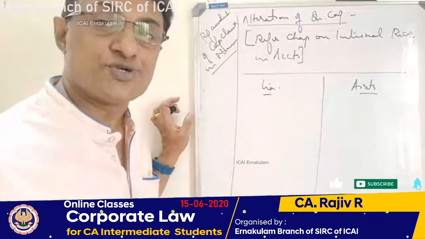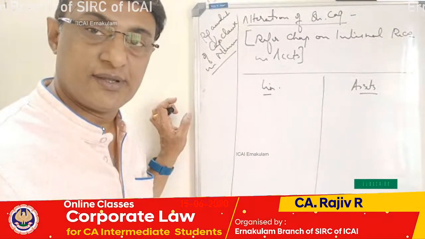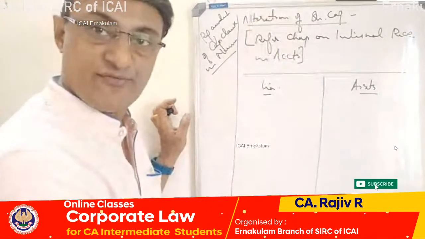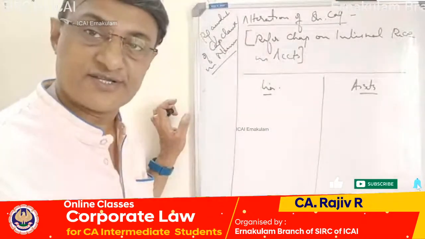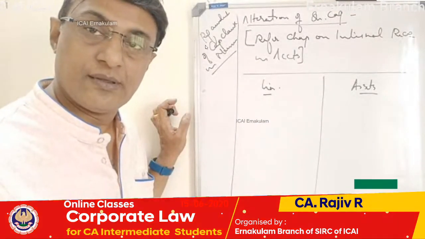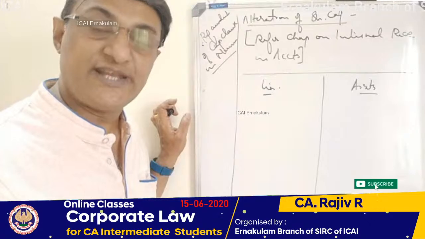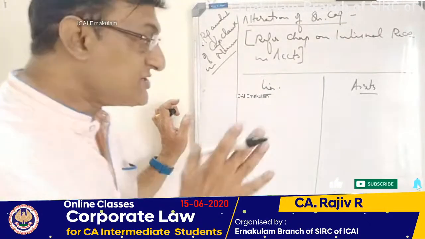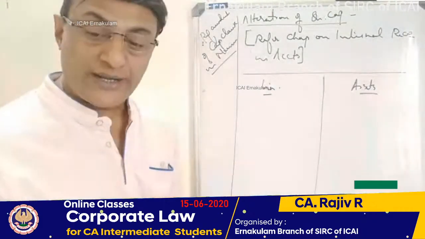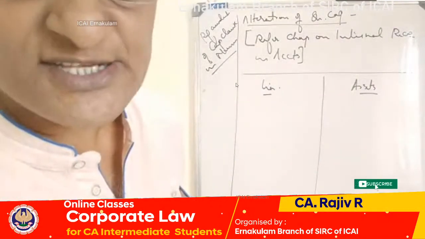Today's balance sheet is not in this form, it is in the vertical form: sources of funds, application of funds. But whether it is the old balance sheet or the new balance sheet, it has to ultimately tally. Now, this is only for me to illustrate what exactly this chapter is for, what it does.